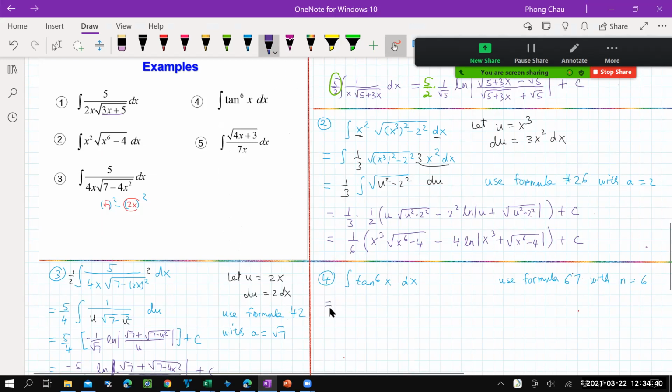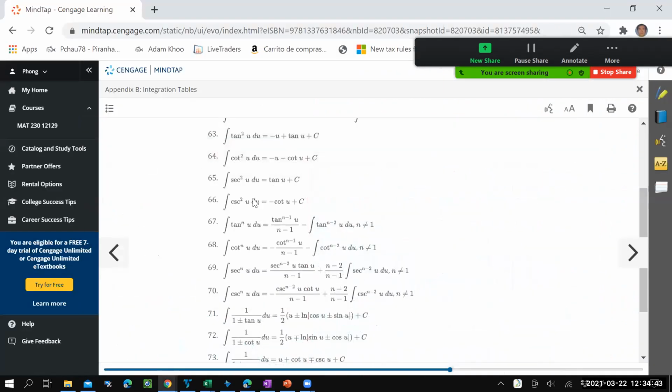So this is equal, and the formula says tangent to n minus 1. So that's 1 less than this. If it's 6, then it's going to be 5. The denominator is 5, and here is a tangent to n minus 2, so it'll be 2 degrees less. It's 4, right? So you see the power goes down by 1 here, and then by 2 there.